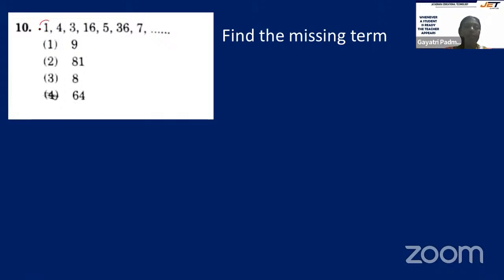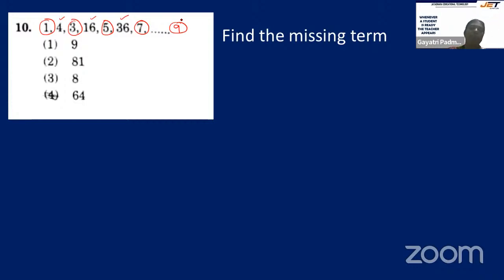See here, 1, 3, 5, 7. So the next must be 9, isn't it? See here, 4, 16, 36. And what should be the next number? Yes. Now with this clue, you will be able to do it.